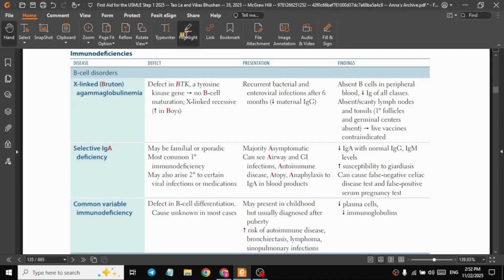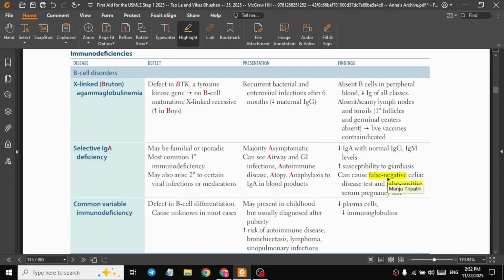Okay. The one special point that they like to ask is, it can cause a false negative celiac and pregnancy test. Or sorry, just celiac, false positive pregnancy test, right? Understand this one more than the pregnancy test. Understand this. You see, celiac disease has IgA mediated action, right?